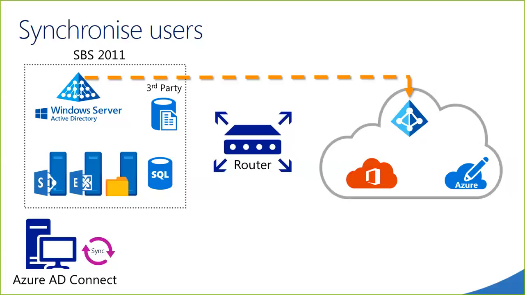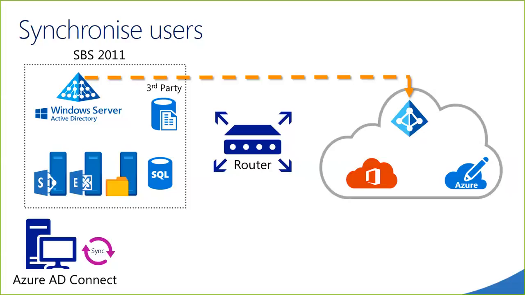So remember, Azure AD is the identity management for Office 365 and also for Azure. So we build those together, and we need to typically use the Azure AD Connect software to synchronize our identities, copy the logins, the passwords, the identity information up to Azure to share between Office 365 and our Azure infrastructure.